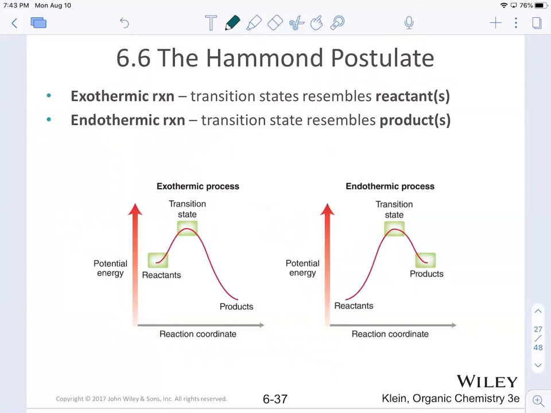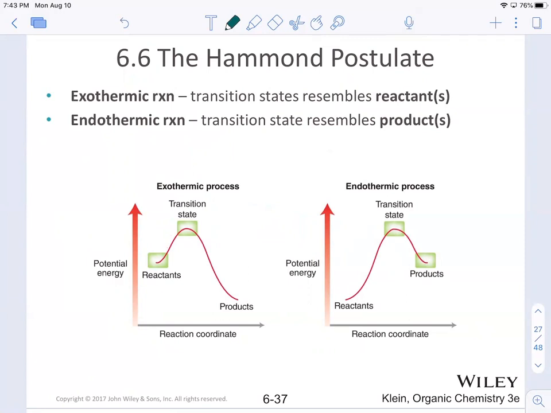Now, when we look at a reaction coordinate diagram or an energy diagram, we should be able to identify some sort of structures. So with the transition state idea, this is based on the assumption that we can generalize the structure of the transition state depending on whether a reaction is exothermic or endothermic.